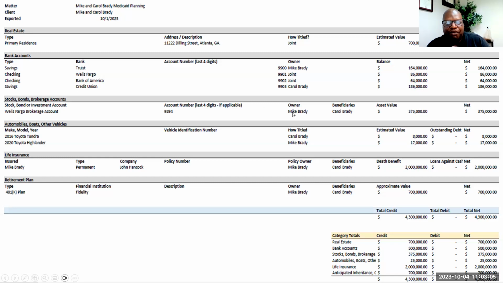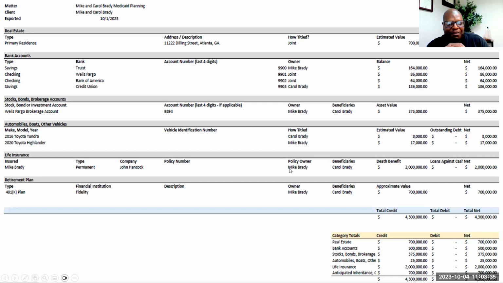The brokerage account definitely will be counted towards Mike, him going in, but either way, assets as a couple. Carol will still, if she goes in, be considered as having that asset available. None of these assets will be exempt in any way. They each get one car, so whoever goes in gets their car exempted. The other spouse's car will be counted against them.